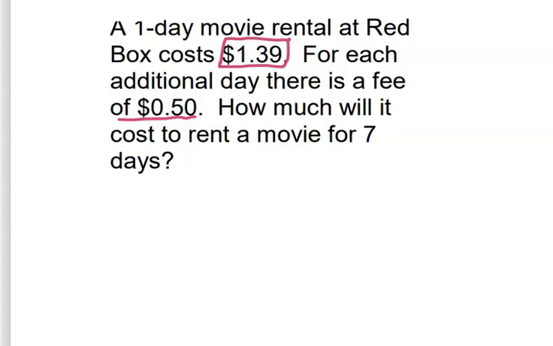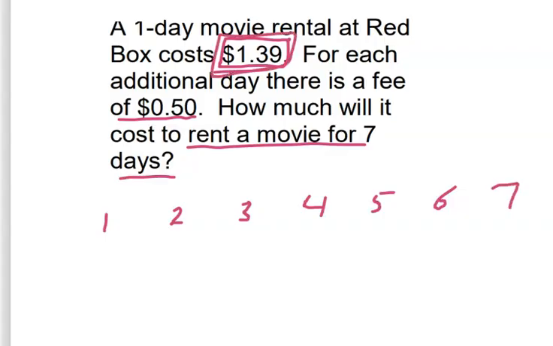So it says, how much will it cost to rent a movie for 7 days? Okay, that's interesting. So we have day 1, 2, 3, 4, 5, 6, and 7. How much is it going to cost for the first day? $1.39. And then each day after that is going to be 50 cents.